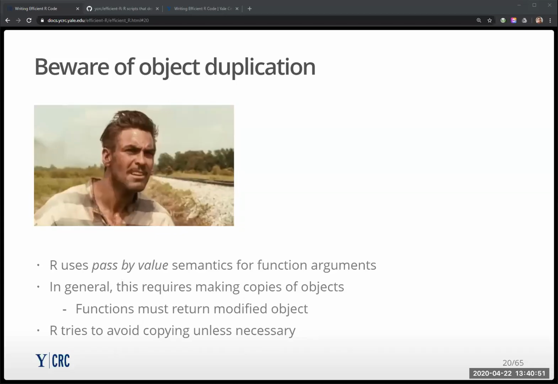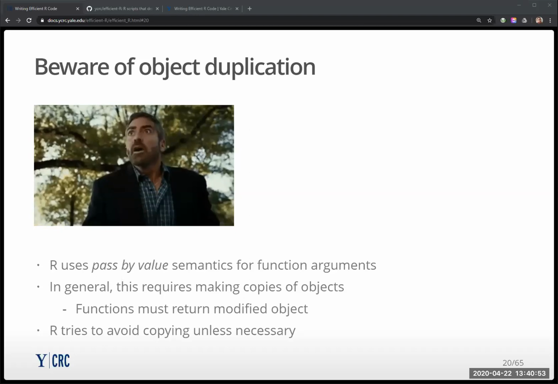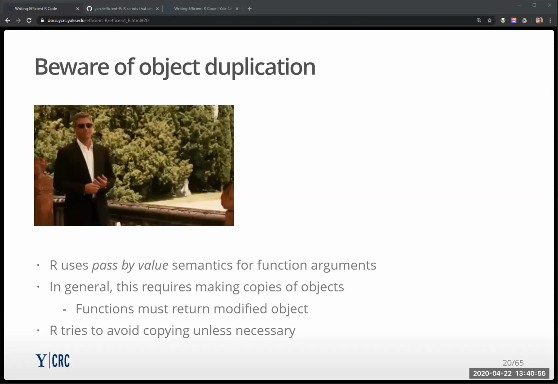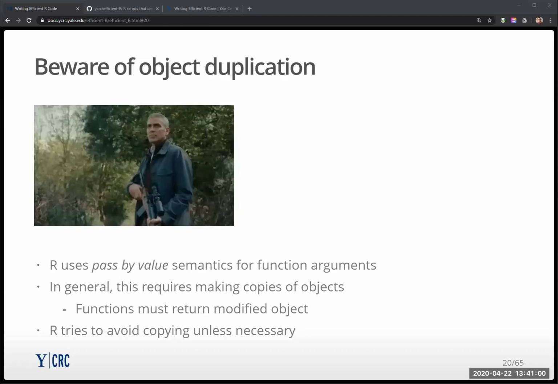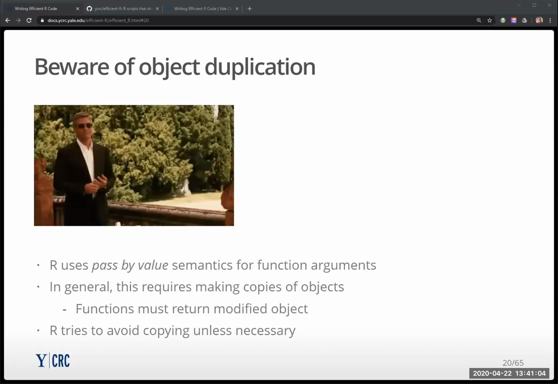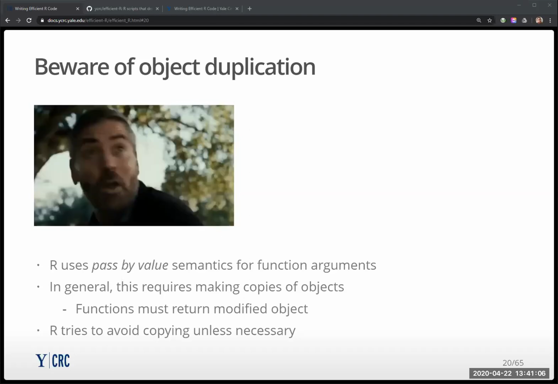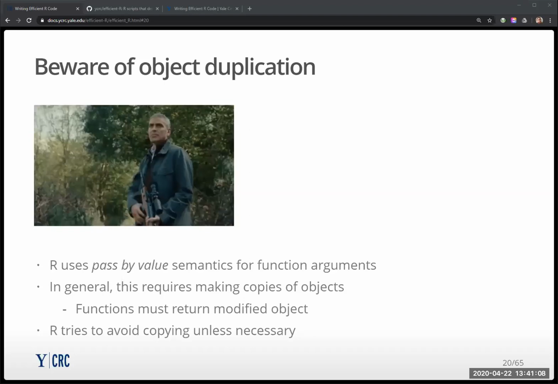So R makes the decision to be a little bit safer and not risk ever modifying the original object accidentally by passing its value rather than its location in memory.